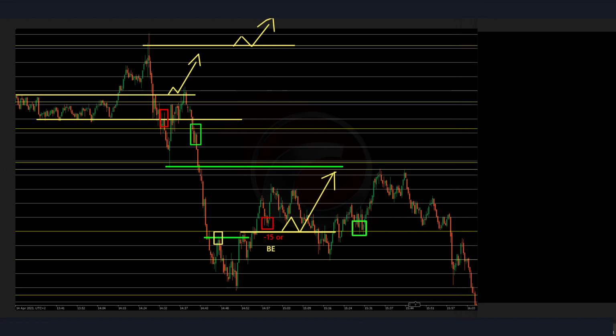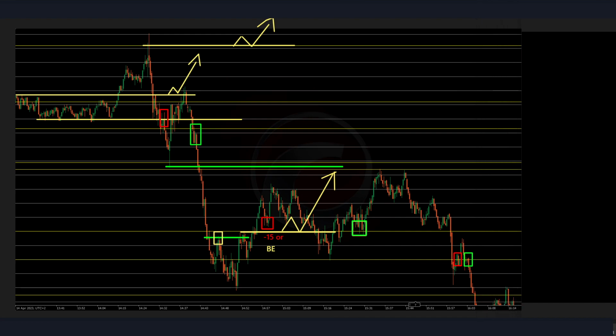Yes, the entry could possibly have been over here with a loss, and then with a win at the retest again. Or even better over here, retesting these previous lows.